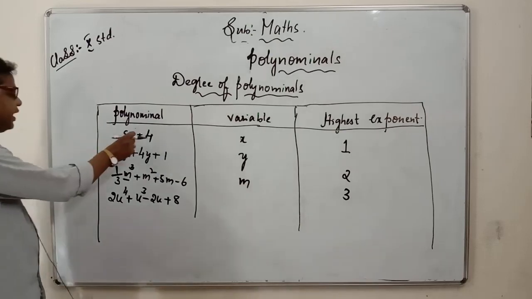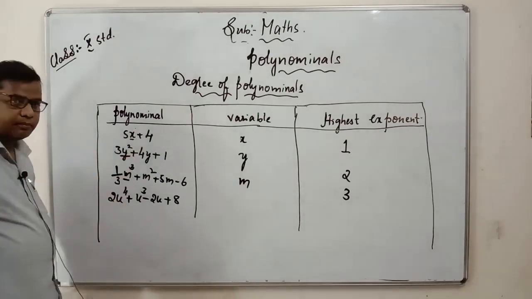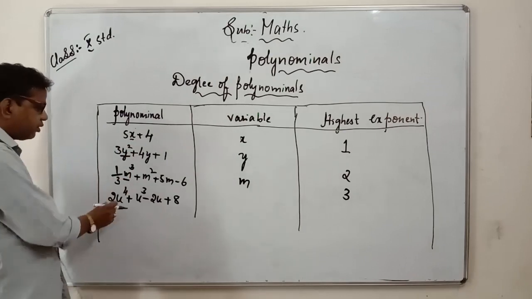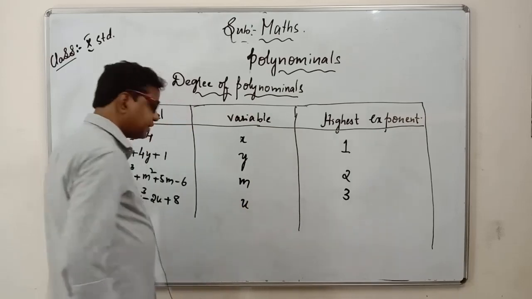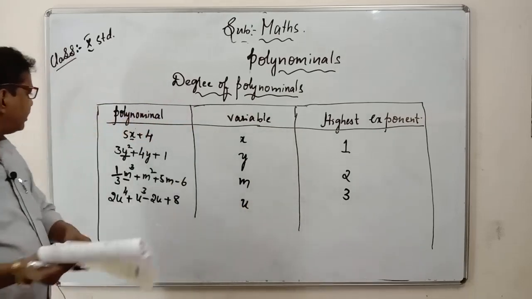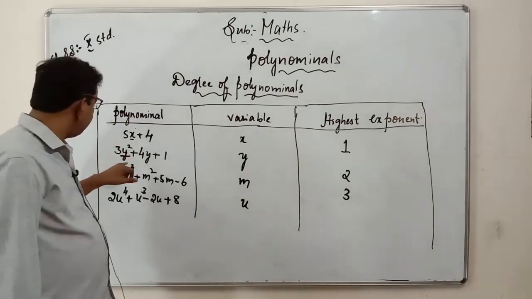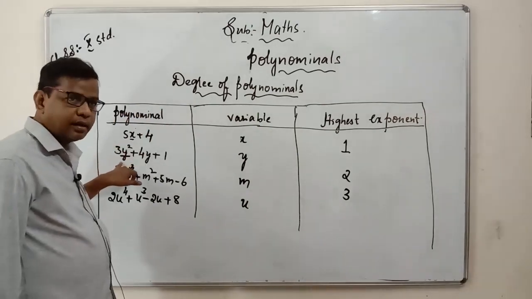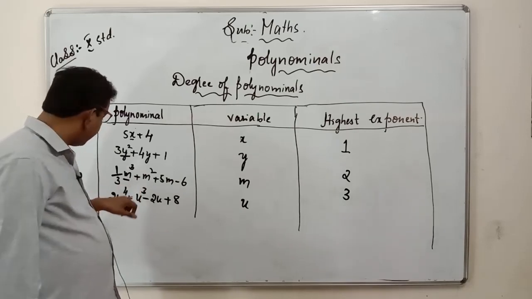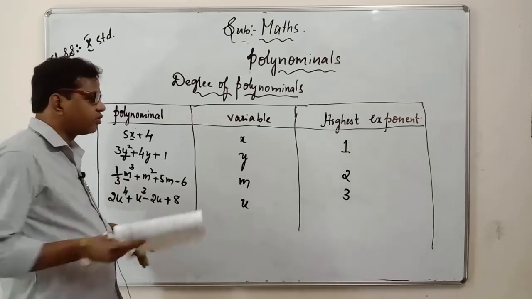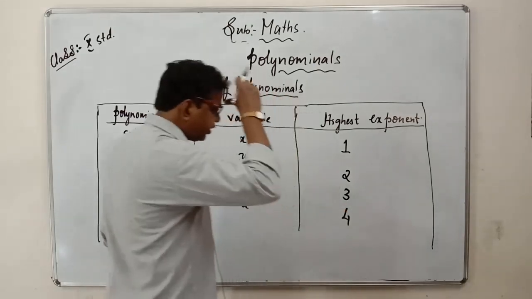Here we have x, here we have y, here we have m, and here we have u. So the variable is u, and what is the highest exponent here? In the beginning the exponent was 1, then 2, then 3, and here the exponent is 4. So 4 is the highest exponent here.